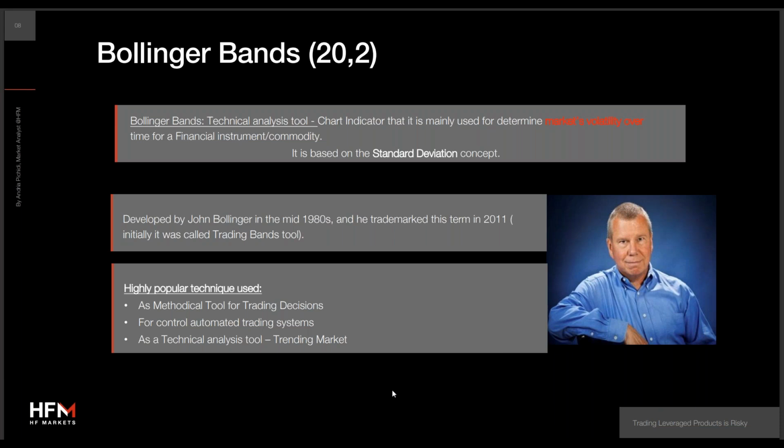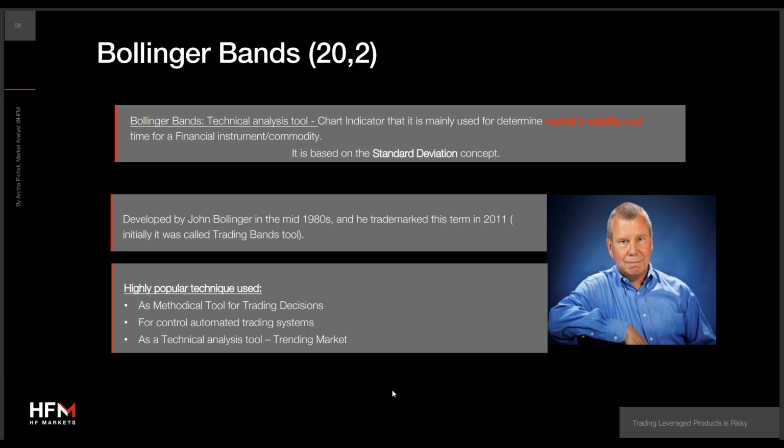Bollingers. Okay, as I mentioned, it is a technical indicator, which is based on the price action of the asset, and provides basically a band of support and resistance levels using standard deviation.